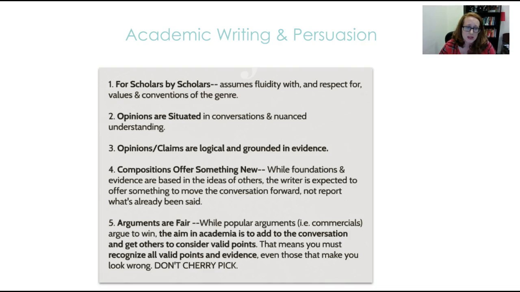If you are writing in a scholarly community, whether it's a freshman writing class, a PhD program, or a peer-reviewed journal, the assumption is that you are either fluent with or practicing and have respect for the conventions of that genre. So how academics will cite, the tone for that specific genre, the research standards, all of those things.